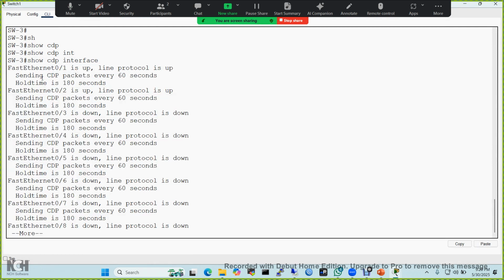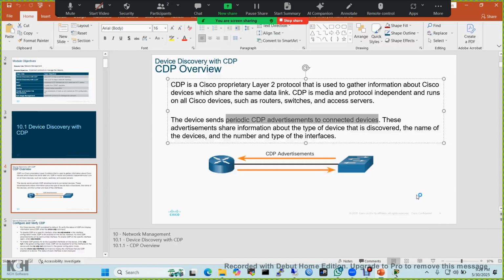And here there are two times: the sending time for CDP packets, which is 60 seconds, and the hold time, which is 180 seconds. This is how I checked, with show cdp interface. All interfaces have these CDP times.